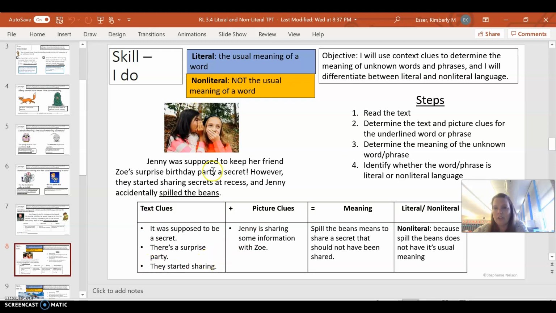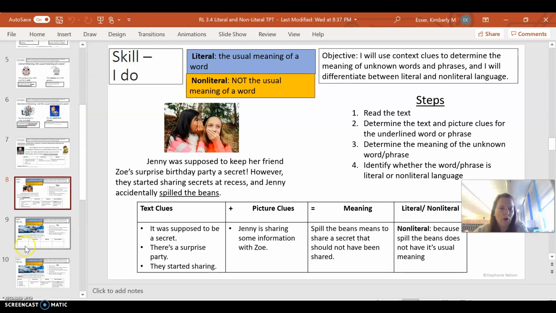The picture shows us that she was sharing some information. So spilling the beans does not mean that they tipped over a pot of beans. It means she shared a secret. And this would be what? Non-literal.